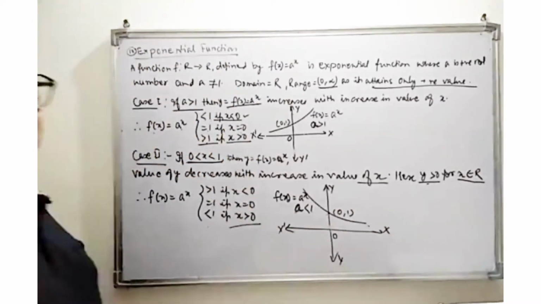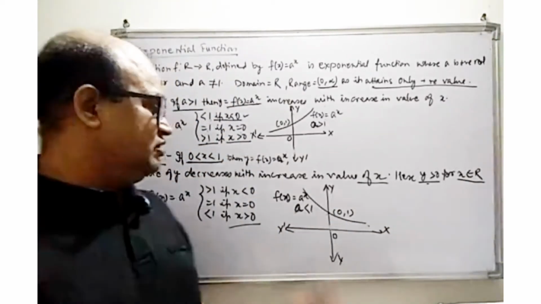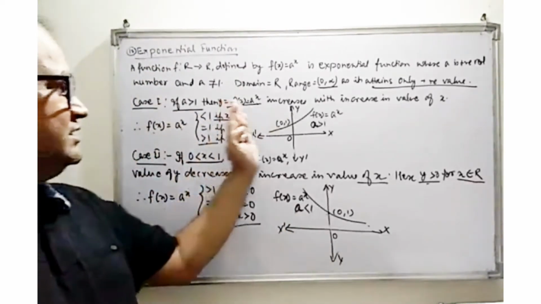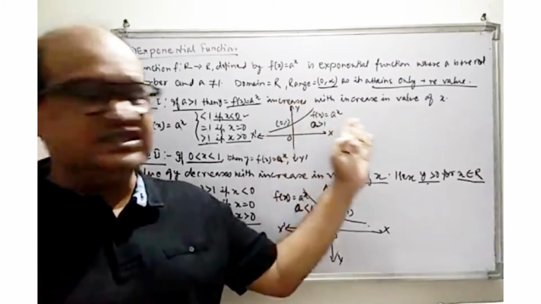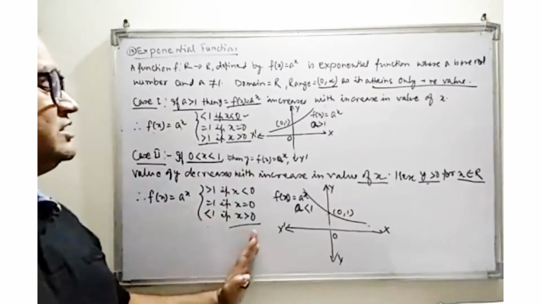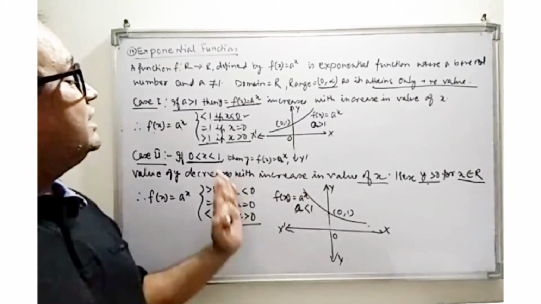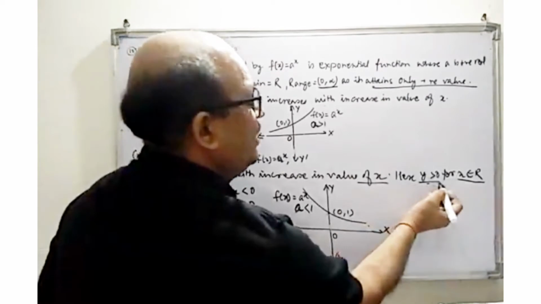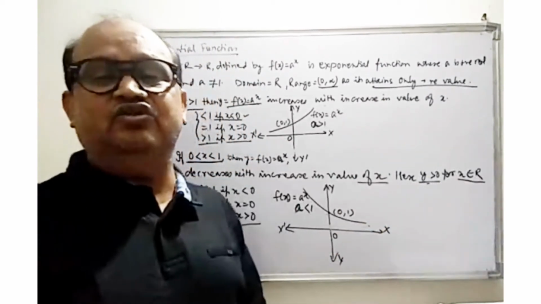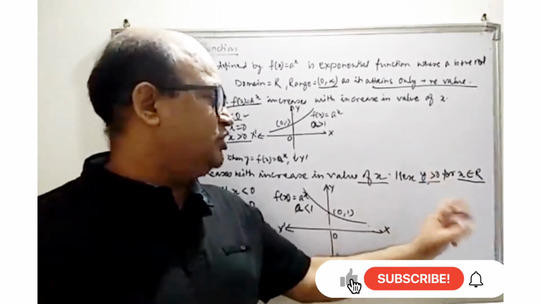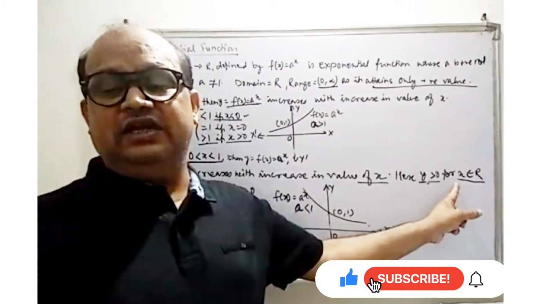So these are the two exponential functions, the first one and the second one. Here y increases with increase in the value of x, and here y decreases with increase in the value of x. But y is never less than or equal to 0. It is always greater than 0, that is, always positive for any real number x.